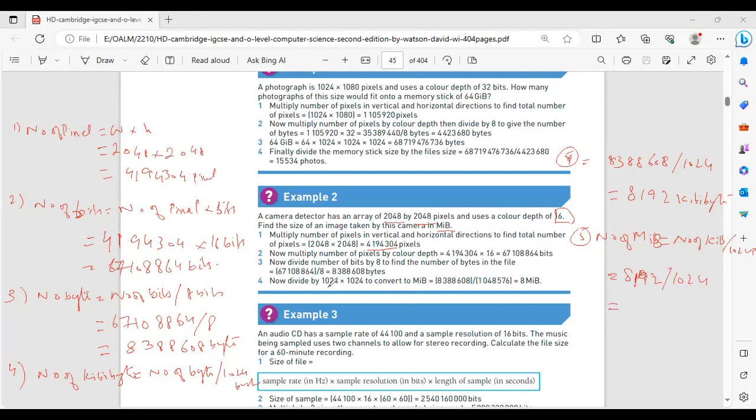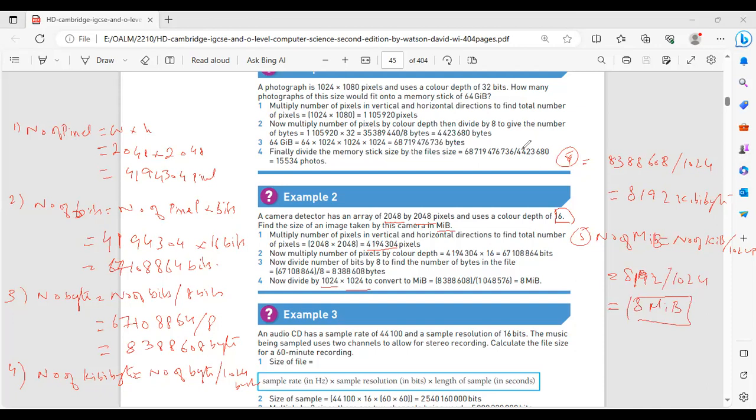Here 1024 is given to convert to bytes. Divided by 1024, you will get 8 megabytes. This is the answer. I hope you have understood. This is a very complex calculation, but we have to do it.